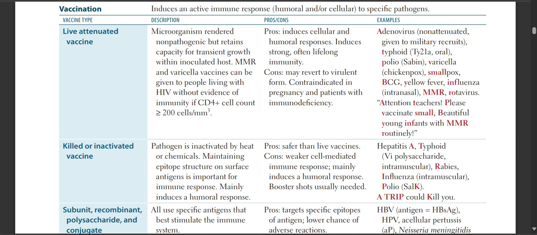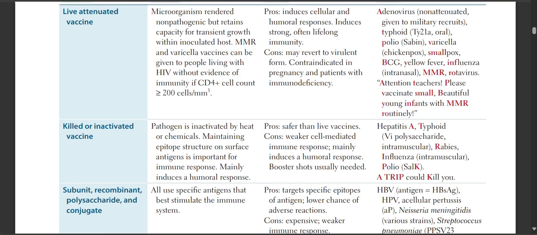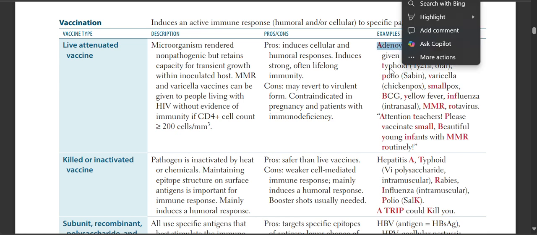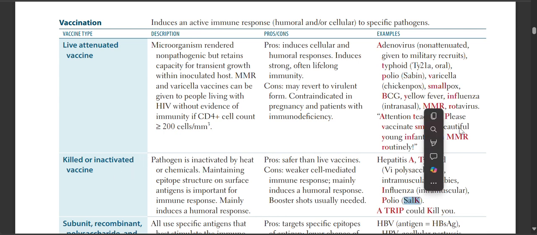No problem. And then one thing I'll tell you is to remember these examples, because a lot of times they will ask you about these examples. So live attenuated adenovirus, typhoid, polio, the Sabin vaccine, because polio also has a killed vaccine, which is the Salk.